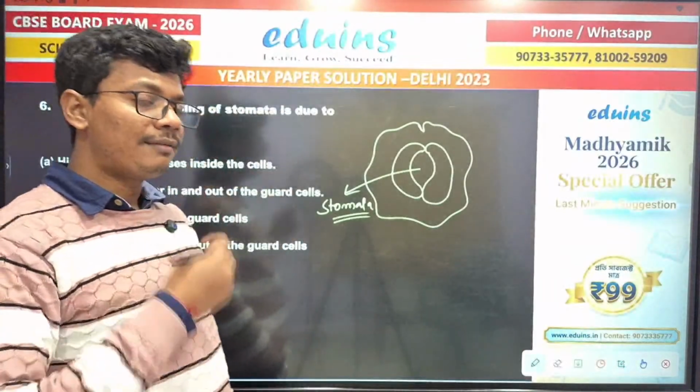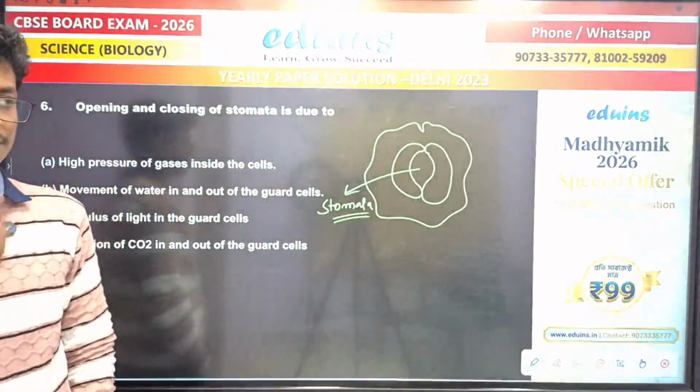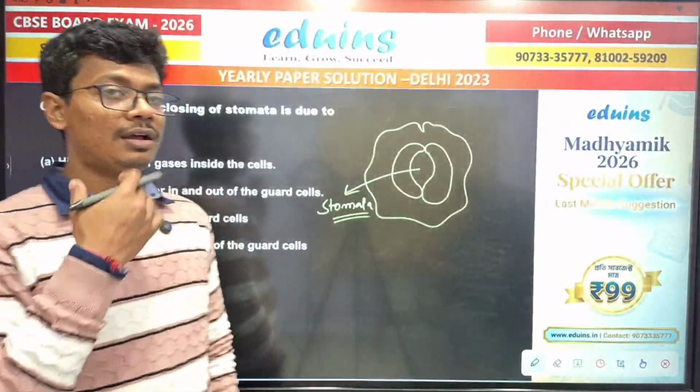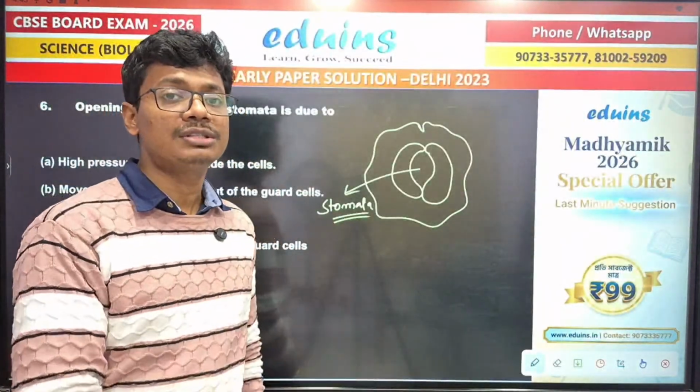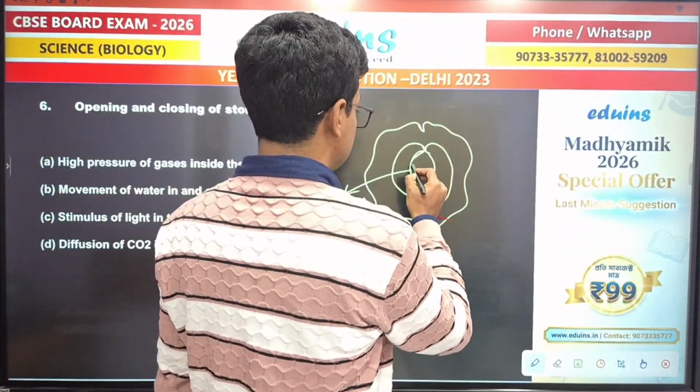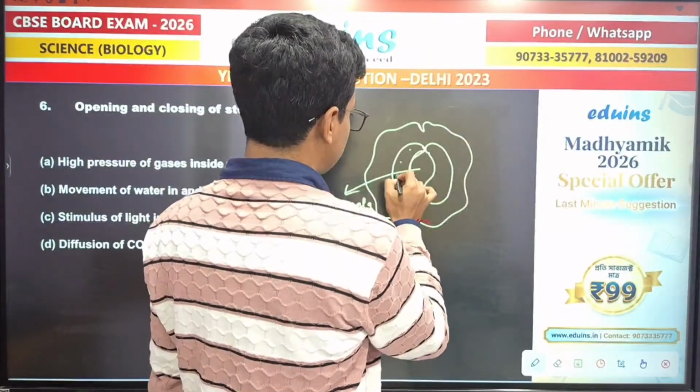That is carbon dioxide in and oxygen out in case of photosynthesis. And there are two guard cells, which also contain chlorophyll.